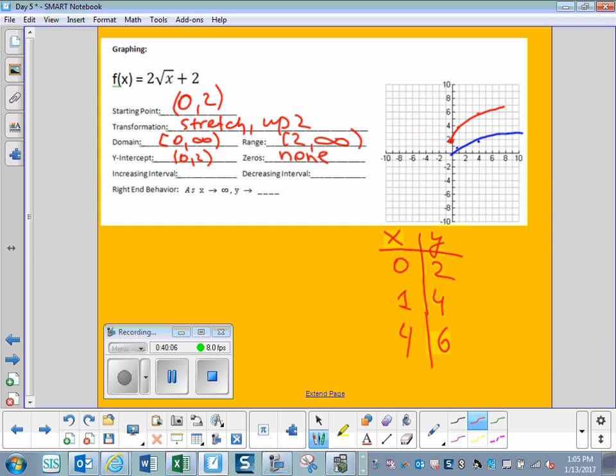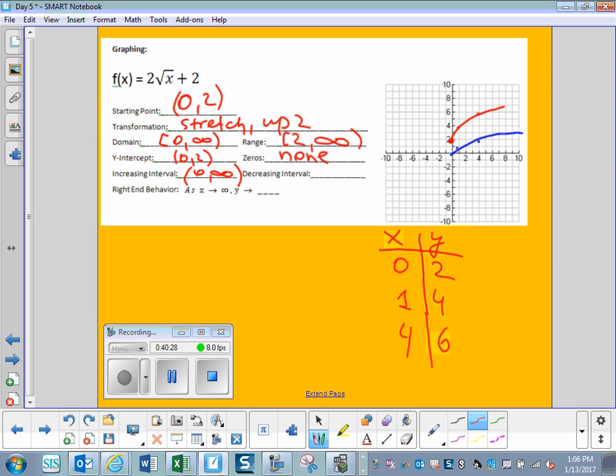So what is my increasing interval? 2 to infinity? Something is wrong with that statement. What values of x make my function increase? It's x values. So 0 to infinity. It's common to make this mistake.